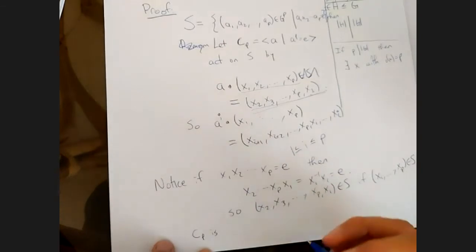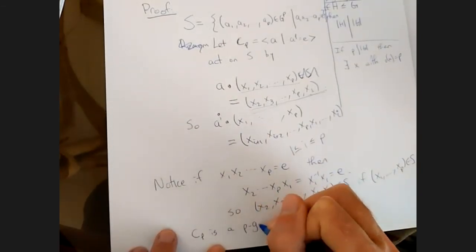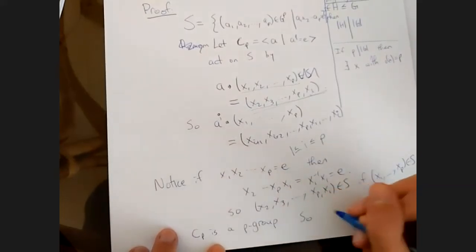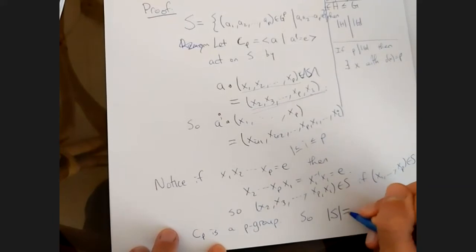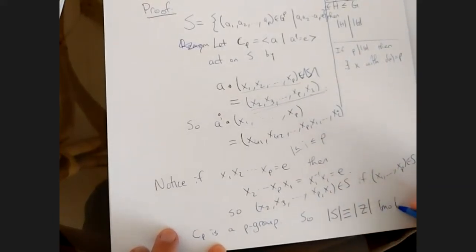It's a group with p elements. So what that means is the number of elements of S is congruent to the number of elements of Z modulo p.